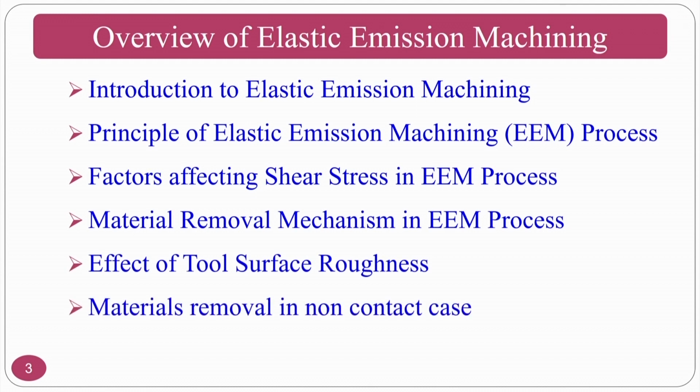If the surface roughness of the tool is too high, the roughness that you are going to achieve is also high. Then the material removal in the non-contact case: what are the different phenomena, how the material will be removed in the non-contact regime of elastic emission machining. Then the applications of this one. Normally this particular process is used for the finishing of optical lenses, glasses and other things.